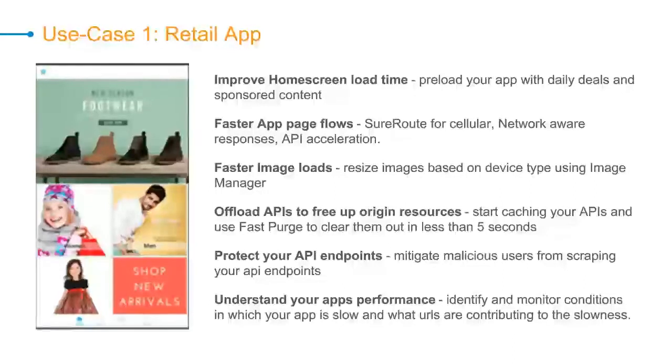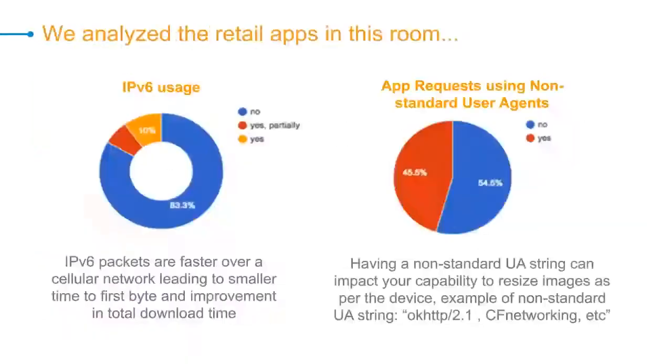Now, I did a little background exercise on this prior to this webinar. We collected and screened through most of the apps out there to see if there's any room for improvement. And if you look at the majority of the apps in this webinar today, 80% of these apps do not speak IPv6.